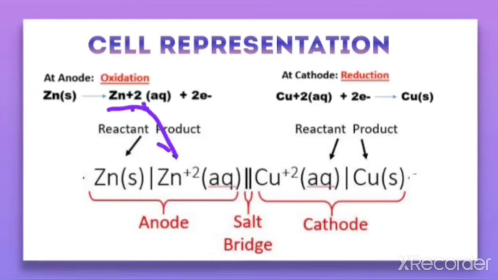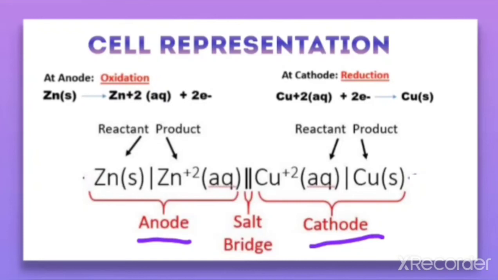So next we write the product zinc ion, in the aqueous state, and there is a separation between the reactant and product by a slash. So that is Zn slash Zn2 plus. Here this portion, the left hand side, represents the anode, and the right hand side we represent the cathode side.